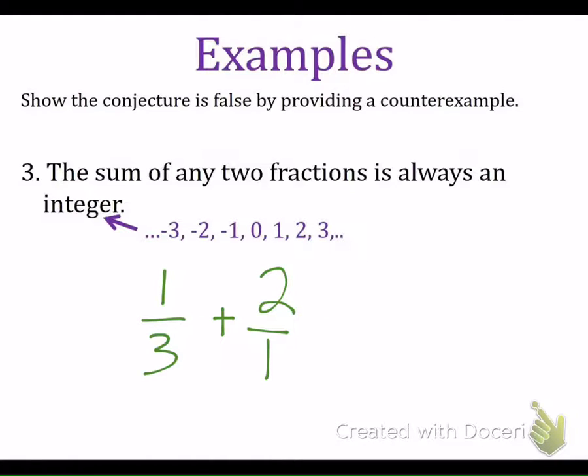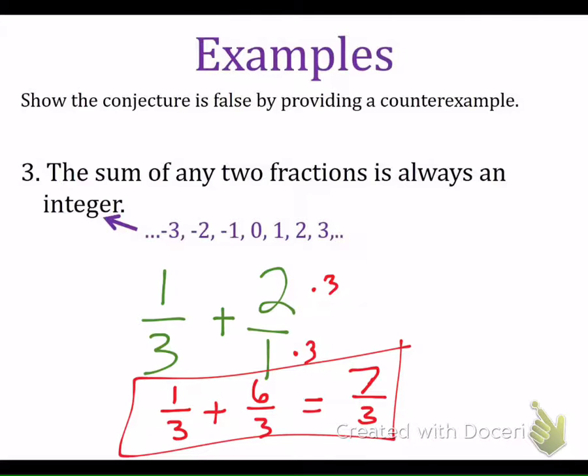So if we want to add these, we can either use our calculator or we can get common denominators. So 1 over 3 plus, I'd have to multiply top and bottom by 3. I would get 6 over 3. 7 over 3. Is this an integer? No, it's not. Boom. This is my counterexample.